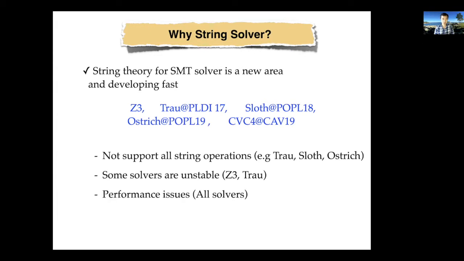The performance of the string solvers is another issue I could mention. For example, even when we try those string solvers on some simple and short test cases, and we expect that the tests can be handled quite quickly, actually it might take a long time.